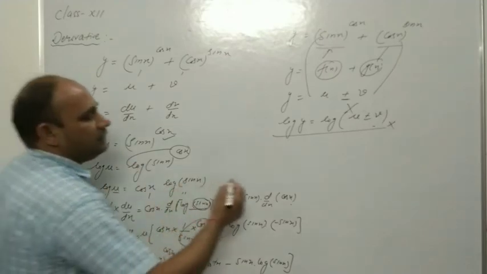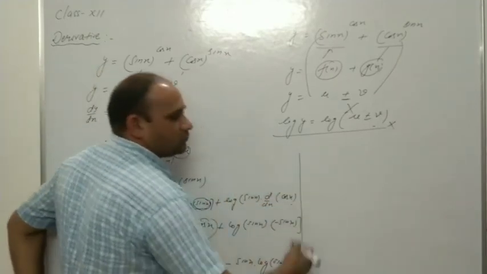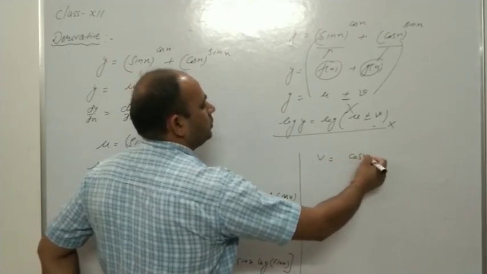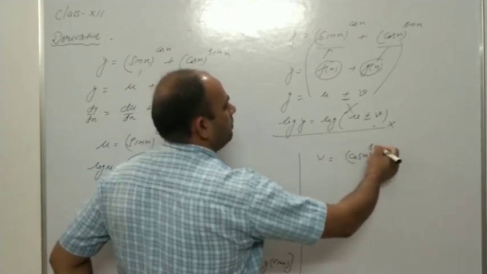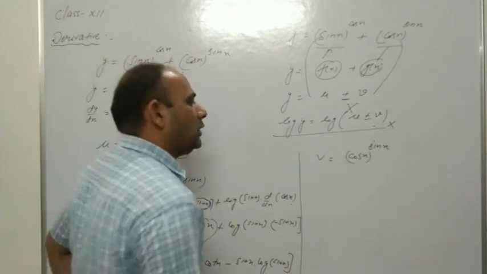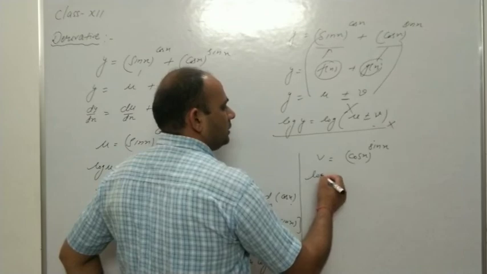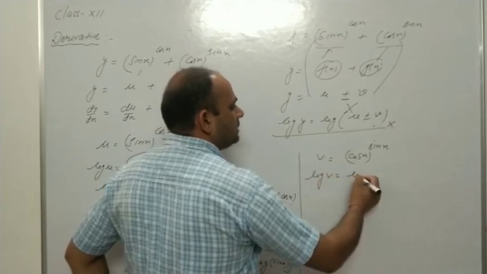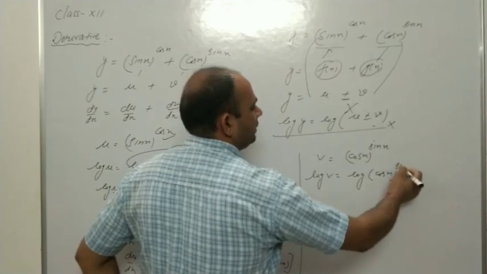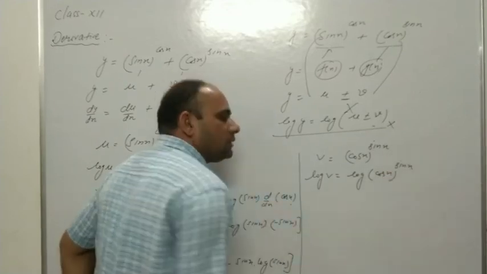In the same way we can differentiate v also. Our v is cos x raised to power sin x. So we will apply log on both sides. Log v is log of cos x raised to power sin x.